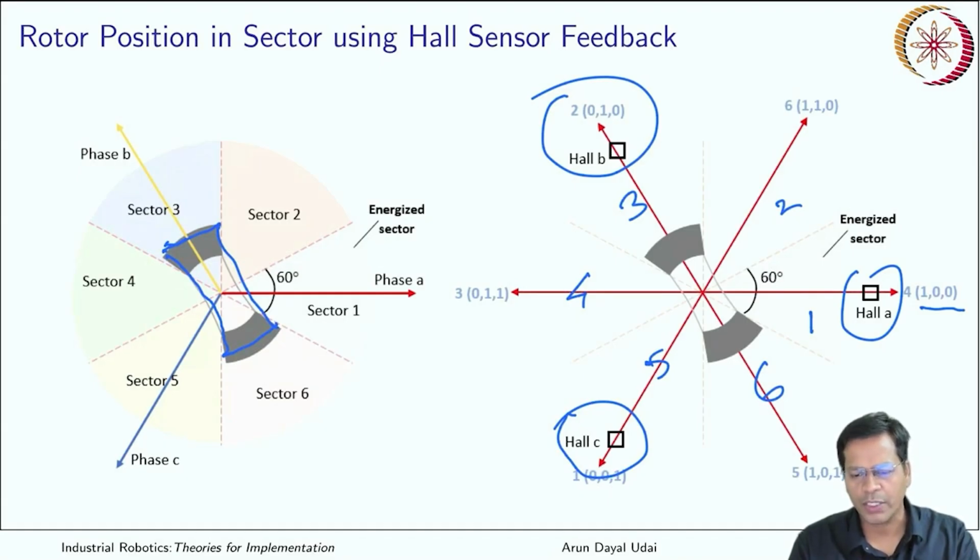If your rotor comes within this region, take one of the regions as an example, this Hall effect sensor is turned on. I call them Hall effect sensor A status, B status, and C status. So as it comes into this zone, you see this bit goes high. This will tell you, yes, I am here.